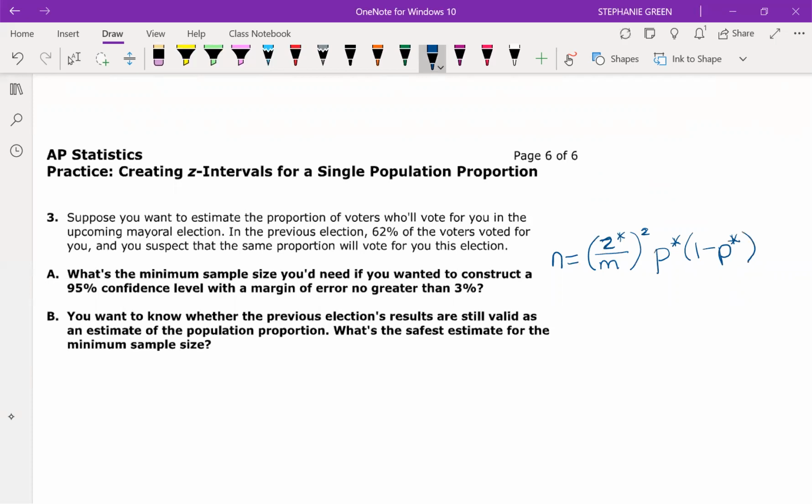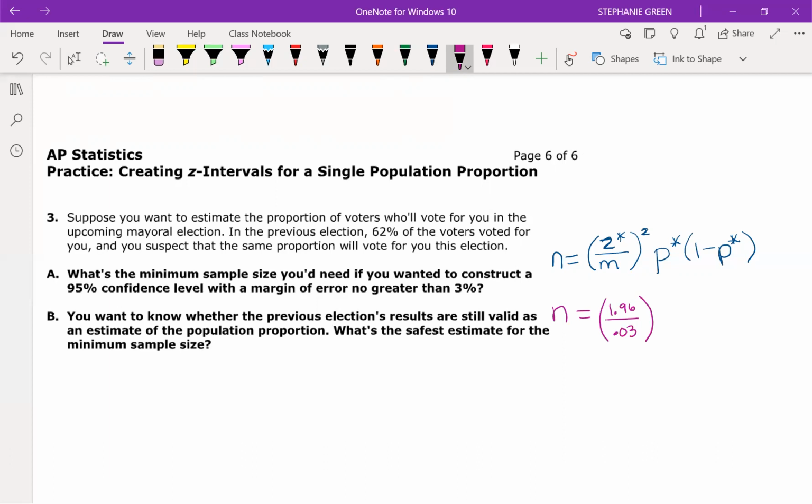Okay, so all I need to do then is plug in what we have. So we're looking for n. We're doing a 95% confidence interval, so z star is 1.96 like always. M, our margin of error, they say is no greater than 3%, so I'll put 3% here as a decimal, 0.03.